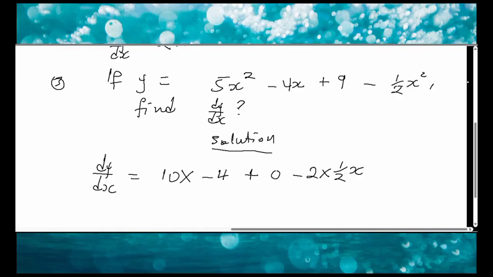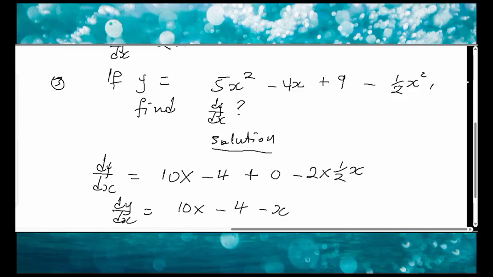So we're going to have x, because x is already raised to the power 1. So in a nutshell, we're going to have dy dx will be 10x minus 4. You know, the 0 minus 4 plus 0 is minus 4, and we can simplify this. This is going to give us what? Minus x. Minus 2 times 1 over 2 is going to give us minus 1. Then the minus 1 times x is going to give us minus x, right?